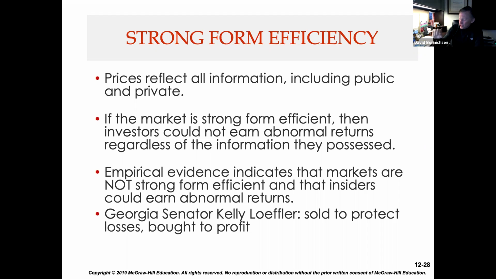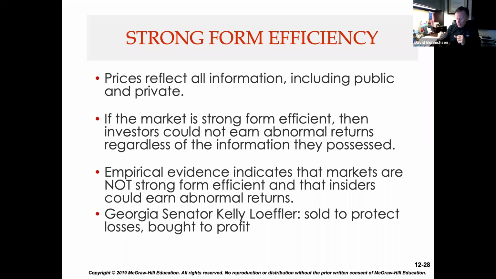There is no information that somebody else is holding on to. Everything is available. So if the market is strong form efficient, then investors could not earn abnormal returns regardless of the information they possessed, because everybody's got access to everything.